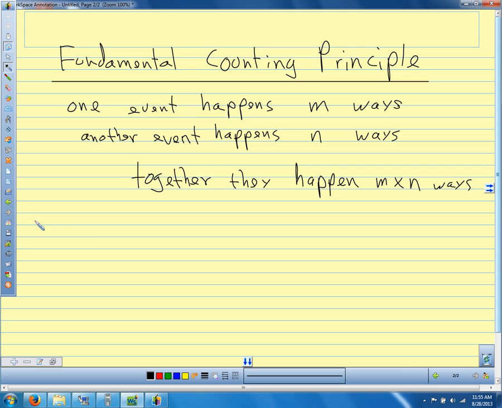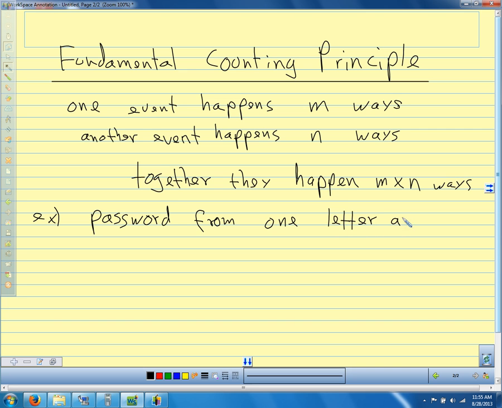All right, so let's look at an example. We want to make a password from one letter and 2 numbers from 0 to 9.